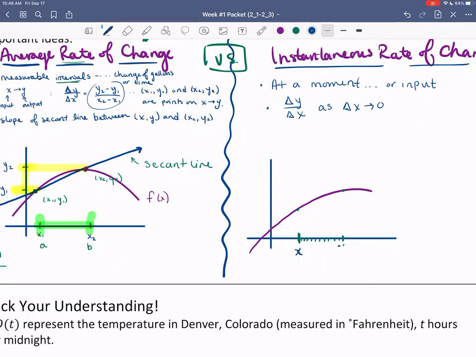And then to represent this change of input, we would call this x plus h, where h is a little amount that we're going to consider going to 0. So h is the distance between x and x plus h. You start with x, and you add a little h to it, and you get x plus h.